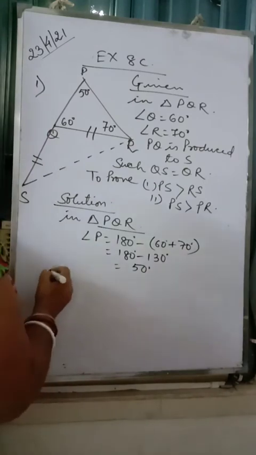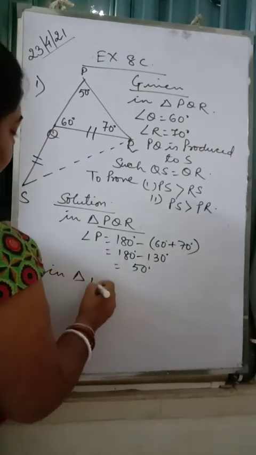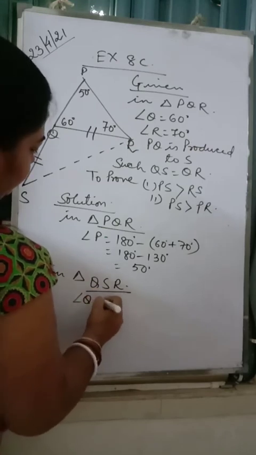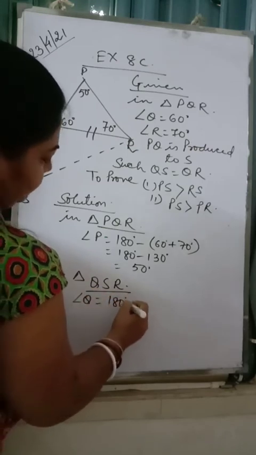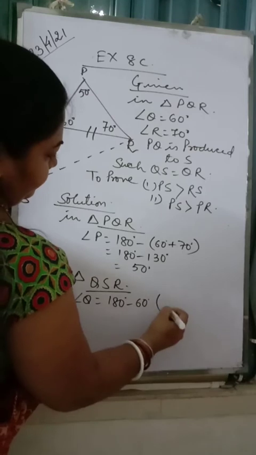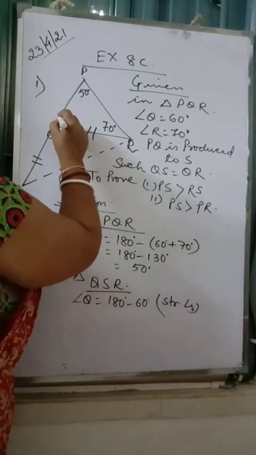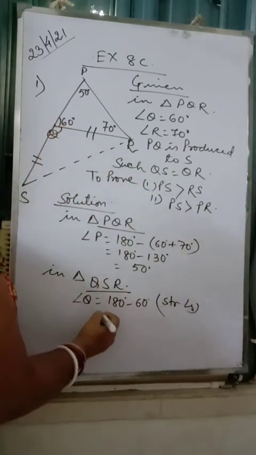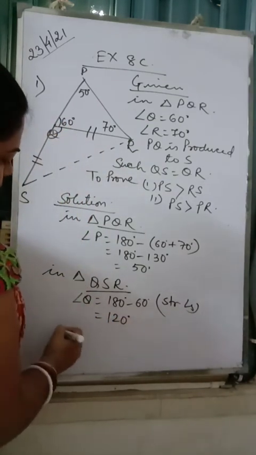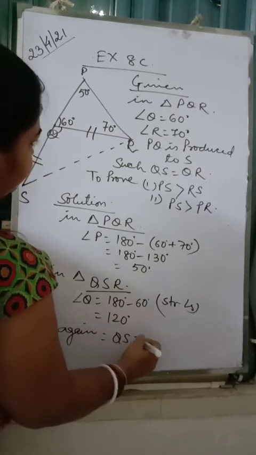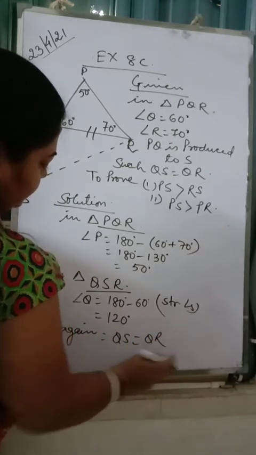Now in triangle QSR, angle Q is equal to 180 minus 60 degrees. These are forming straight angles. If this is 60, this would be 120 degrees. Again, QS is equal to QR.